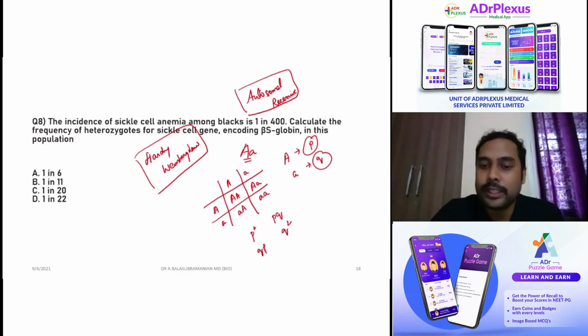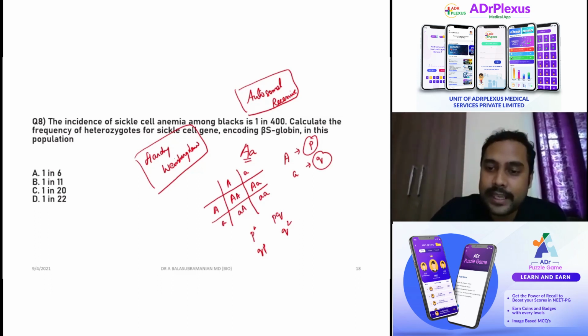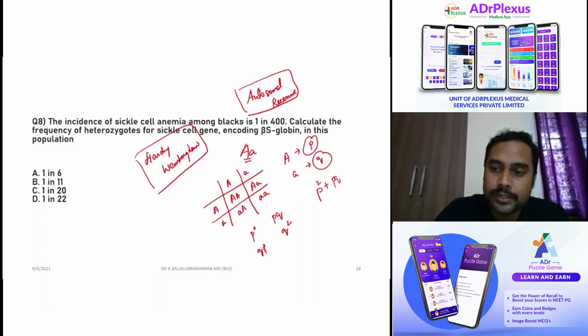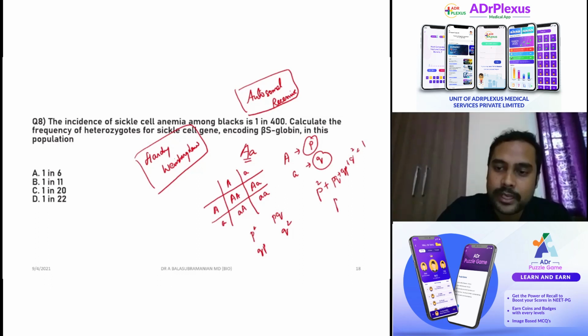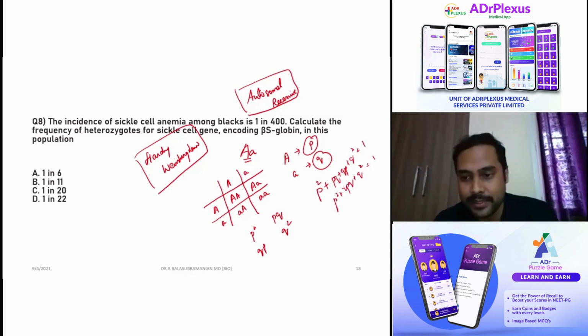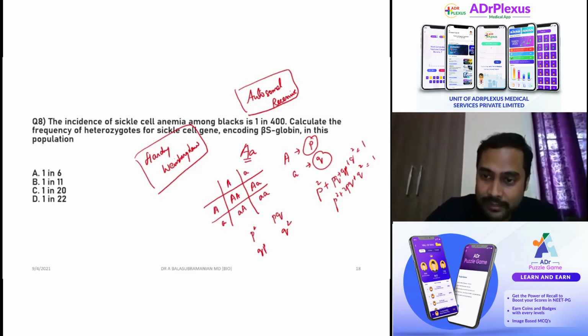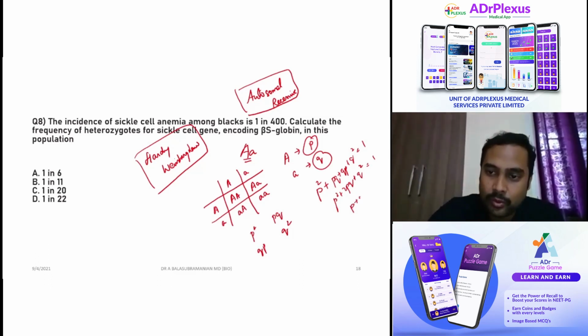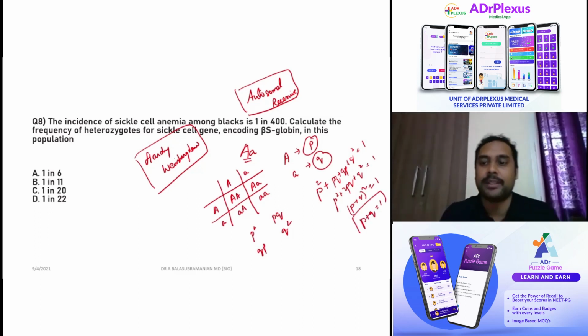So the total possibility is P square plus PQ plus QP plus Q square equal to 1, or P square plus 2PQ plus Q square equal to 1, which is 100%. Or otherwise, P plus Q the whole square equal to 1, or P plus Q equal to 1. This is the Hardy-Weinberg law.